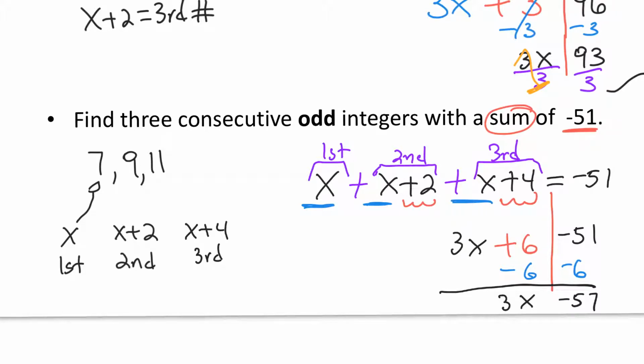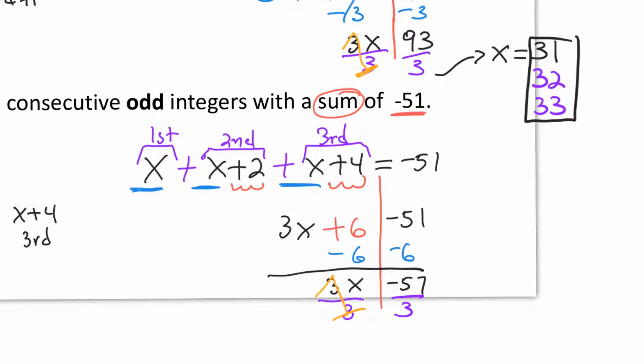Then you divide by 3. And when you divide by 3, this turns into 1. So my value of x equals negative 17.